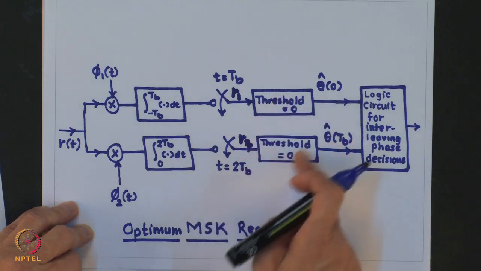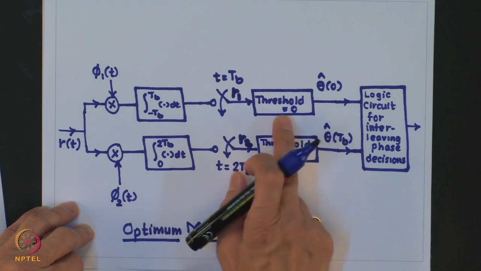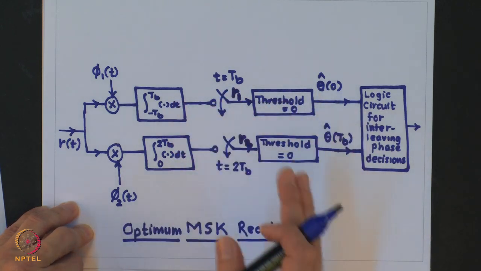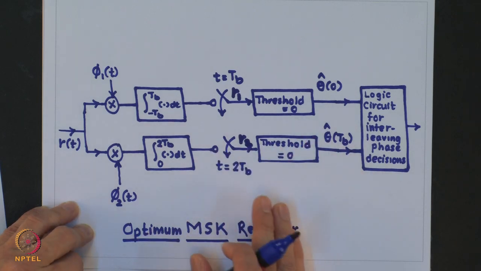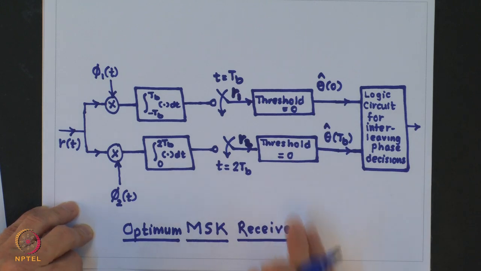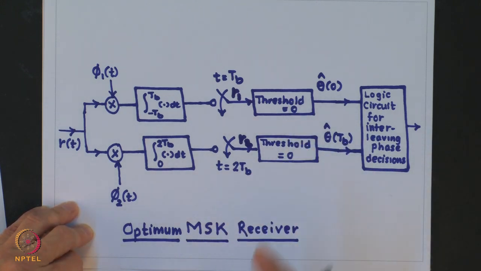We have seen the signal constellation earlier, and based on that signal constellation we choose this. Both the input binary data are equiprobable and independent from time instant to time instant or time interval to time interval.